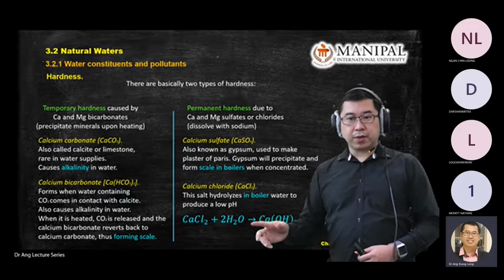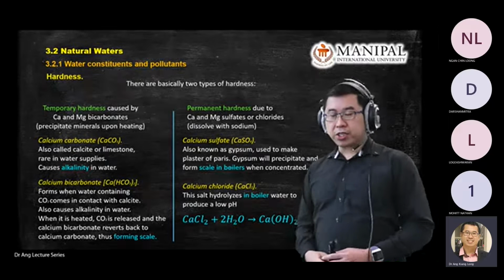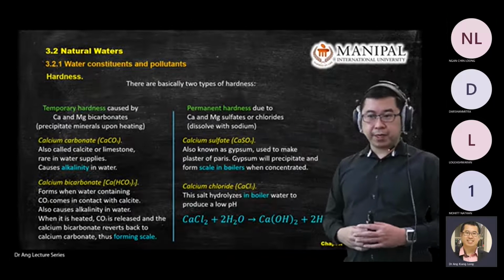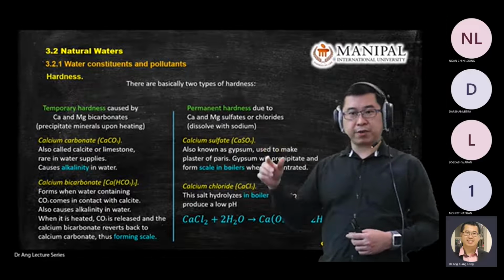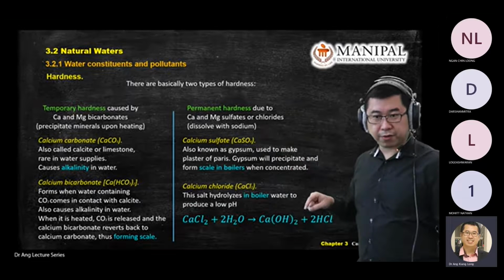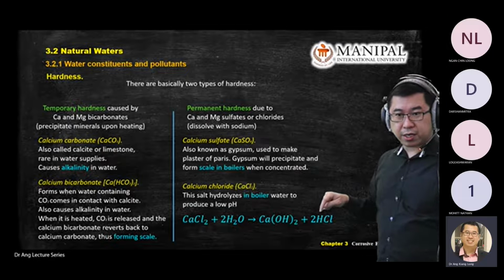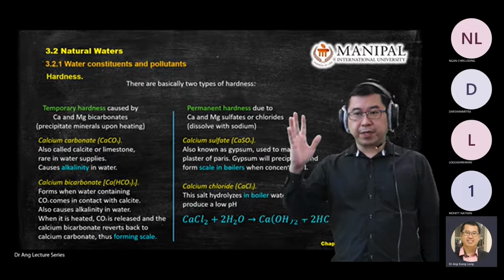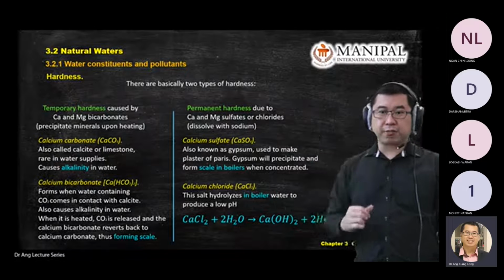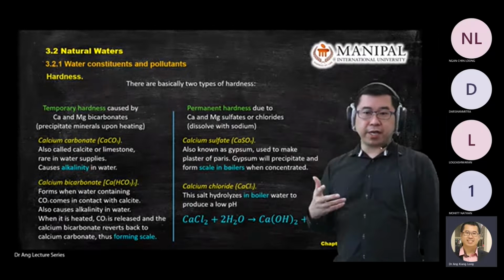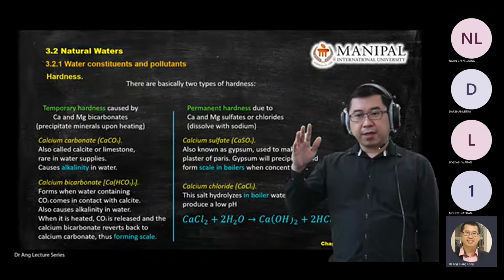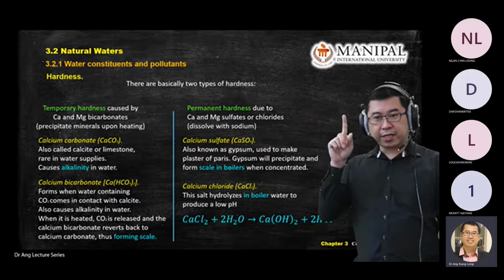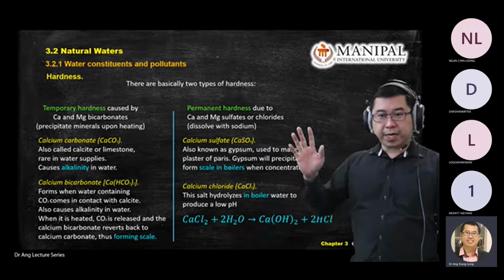Just some add-on information. When you talk about pH, again, pH is a measurement of the H positive concentration in the solution. If you have a lot of H positive in the solution, then when you measure, the pH will be very low, on the low side, and it will give you an acidic reading. If you have lots of OH negative, then your pH will increase and it will become more alkaline.